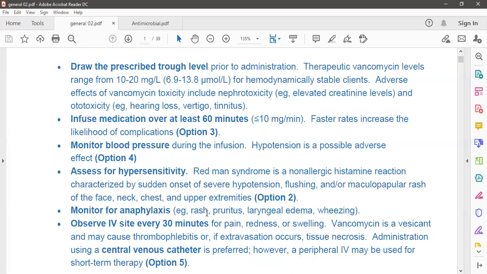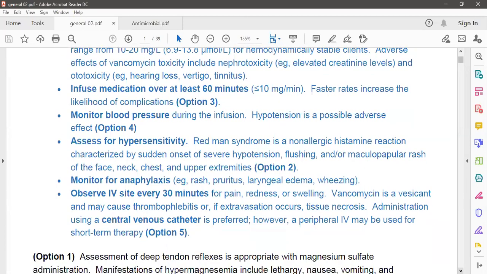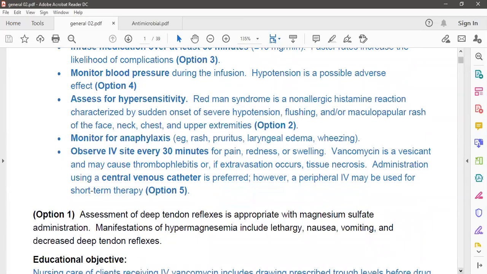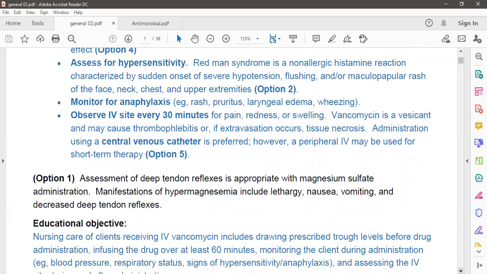Anaphylaxis is reflected by pruritus, meaning itching, skin rash, or swelling of the laryngeal area with edema, and the patient develops shortness of breath, difficulty breathing, or wheezing. It means a hypersensitive reaction is occurring.